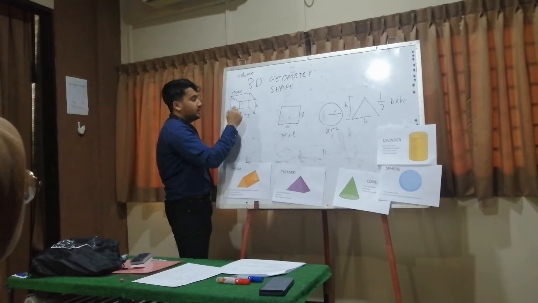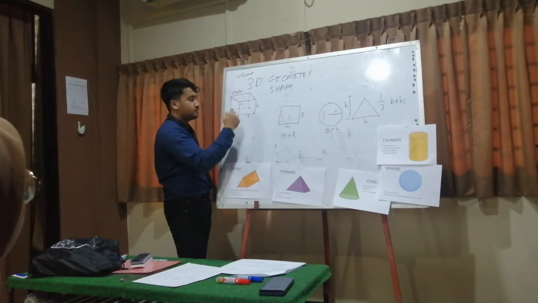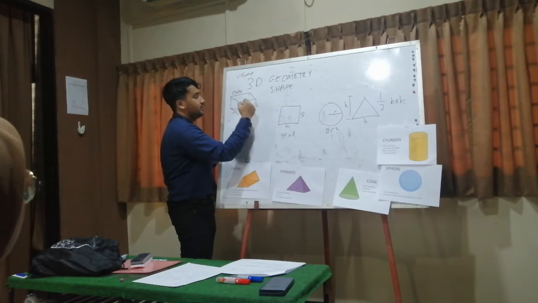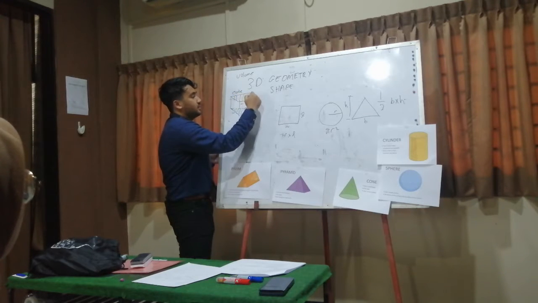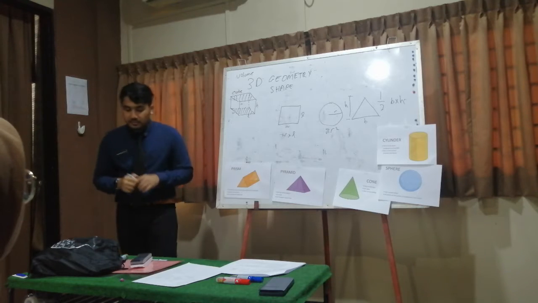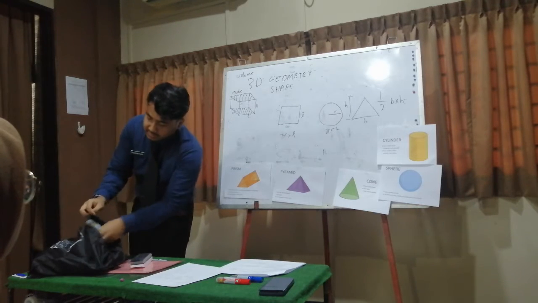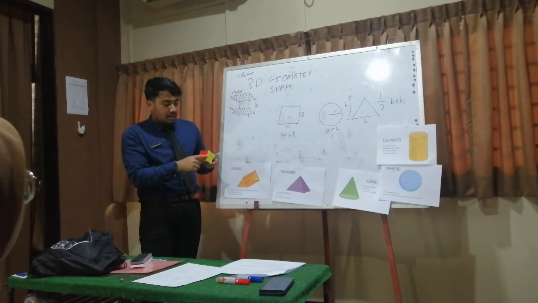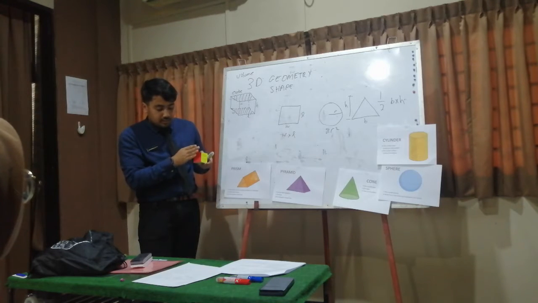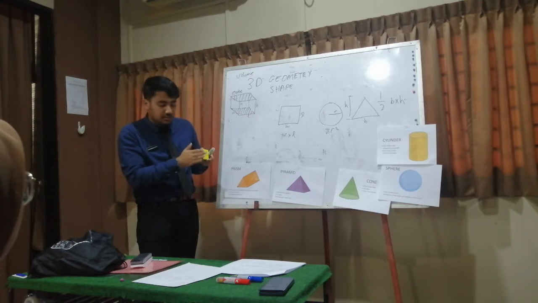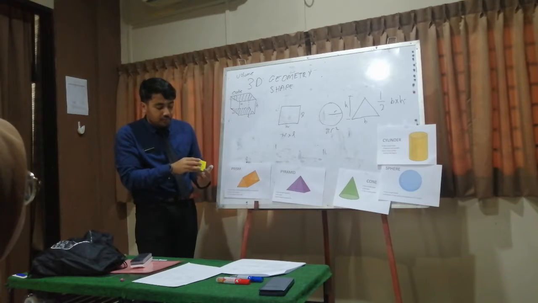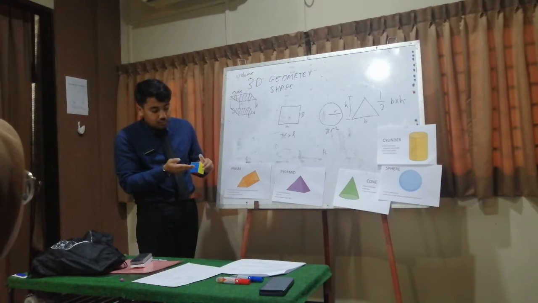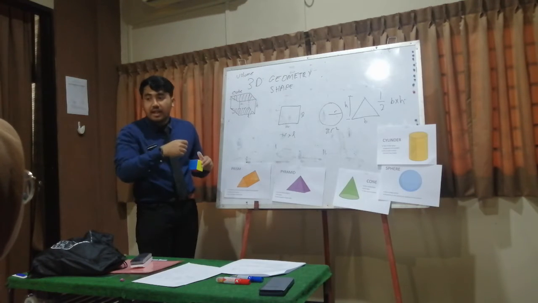So in order to understand it, this is the base of the object. Basically, just like the Rubik's cube, when you have the width and the length, you only know one side of the Rubik's cube, but when we turn it around, it has another three sides. So we want to know the overall area.